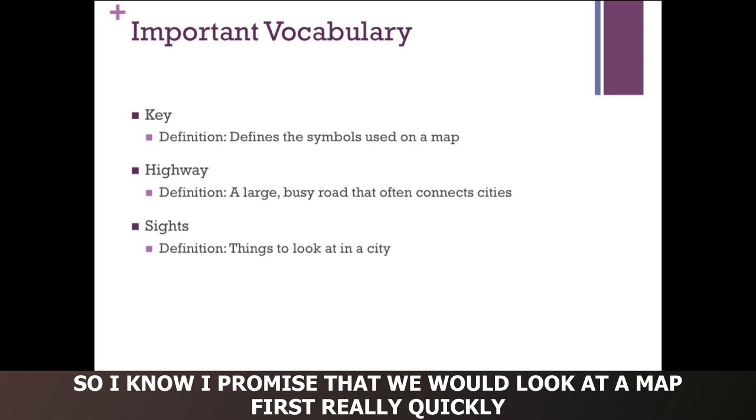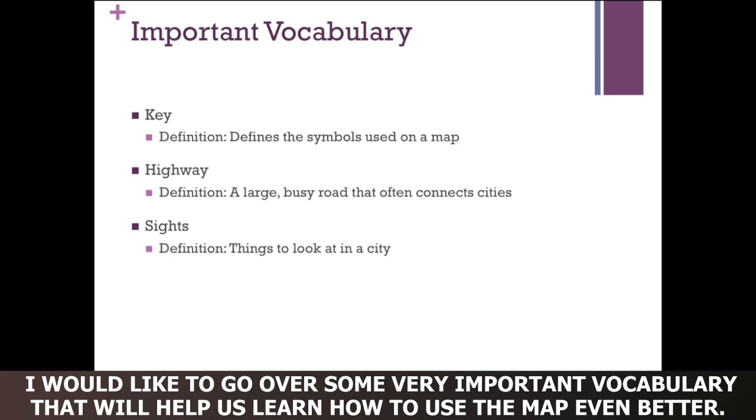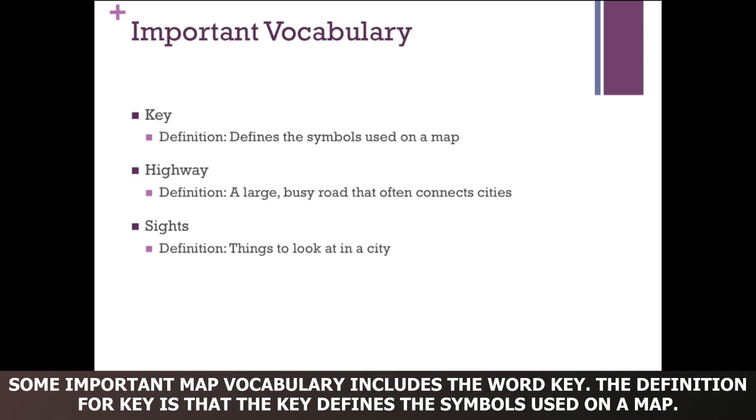So, I know I promised that we would look at a map. First, really quickly, I would like to go over some very important vocabulary that will help us learn how to use the map even better. Some important map vocabulary includes the word key.